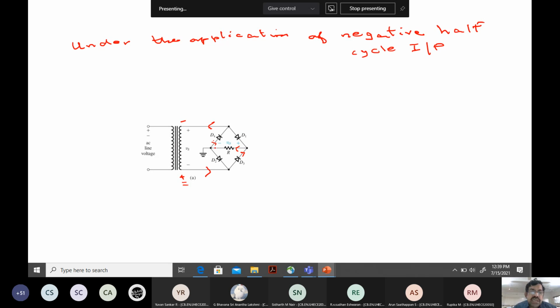The output is taken across R. This is more positive, so D2 will not conduct, even if it is grounded here. So you have to understand, D2 will not conduct, D1 will not conduct, whereas D3 and D4 will conduct, and the current through R always flows like this.